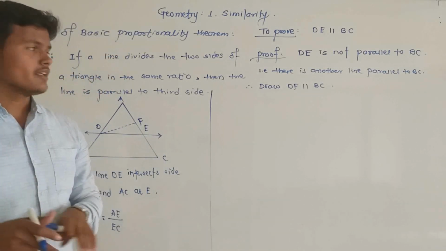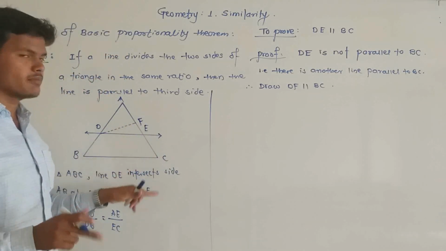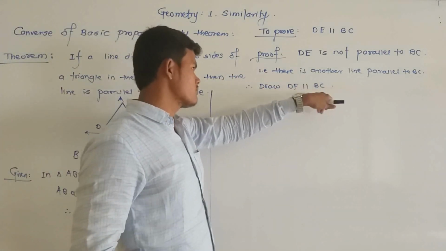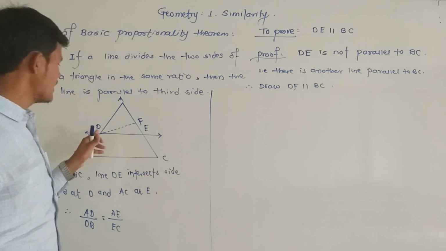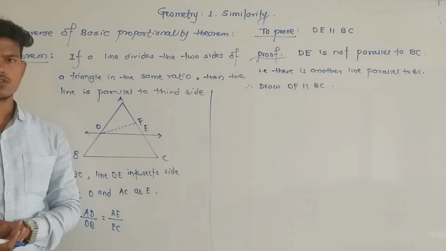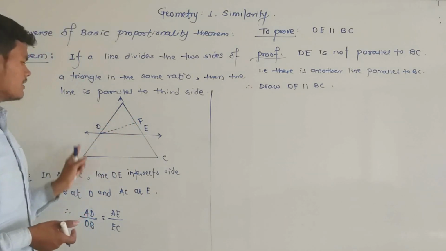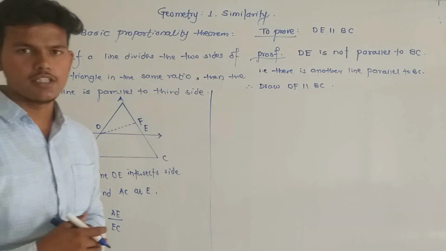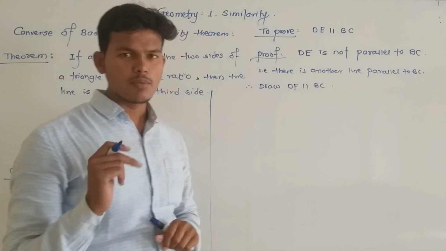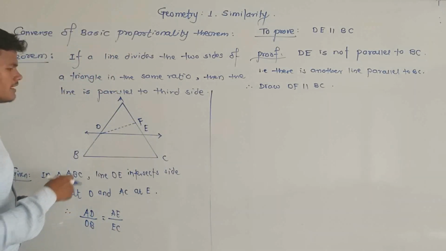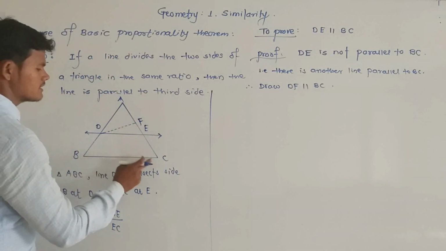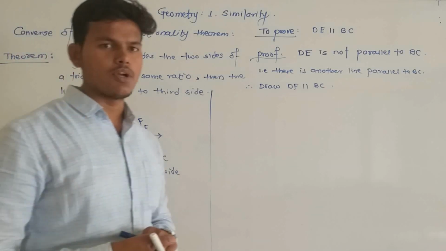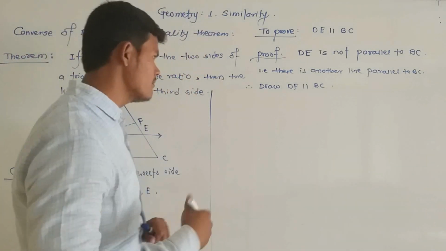If line DE is not parallel to BC, that means there is another line which is parallel to line BC. That's why we are constructing here line DF parallel to BC. So in triangle ABC, DF is parallel to BC. That means we are using the basic proportionality theorem. Why? Because in the basic proportionality theorem, we say that if a line is parallel to a side of a triangle and divides the remaining sides in two distinct points, then the line divides them in the same proportion.